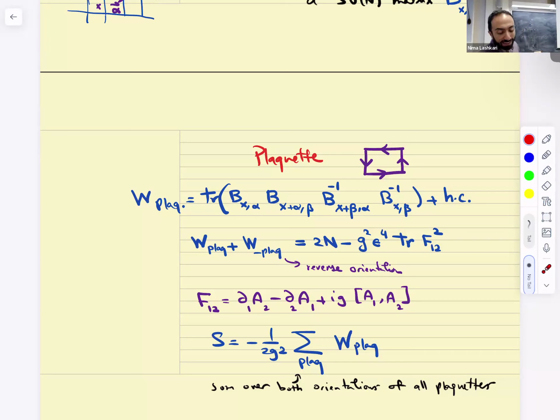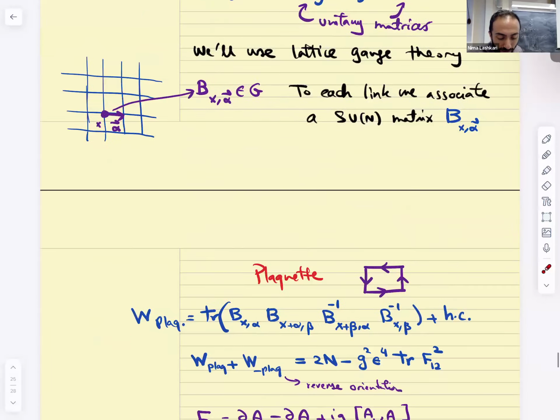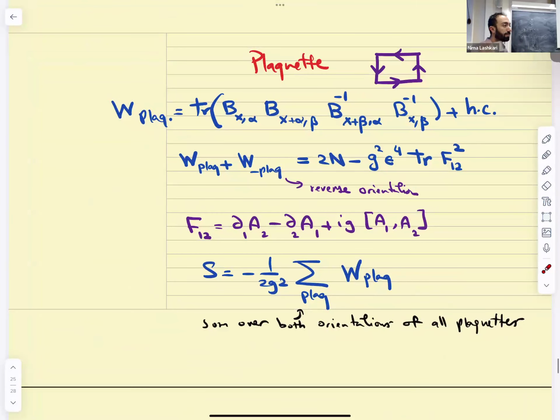So if you take this plaquette Wilson loop and add to it the reverse orientation, you can expand it in small epsilon. We said this in part 1 of the course as well. You get g squared epsilon to the 4 trace of F12 squared. This is direction 1, this is direction 2, and this F12 comes out as the non-abelian curvature.